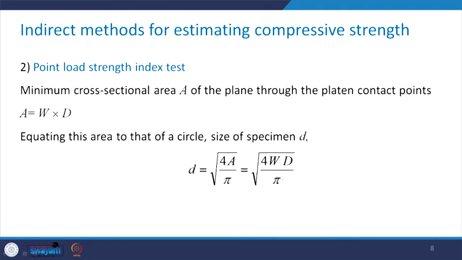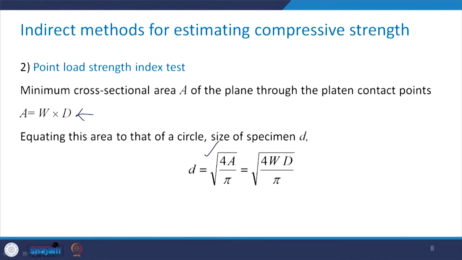The minimum cross-sectional area A of the plane through the platen contact points is defined for any shape as W multiplied by D. What are the requirements on D and W? I have already explained that to you as per the codal provision. Now, if we equate this area to the equivalent circle, we will get the diameter of the circle in this particular manner.